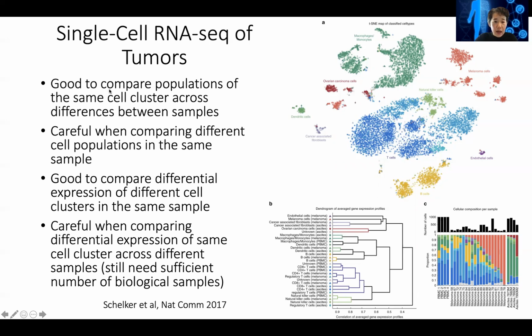First, it's okay to compare the same population across different samples. Say, if you want to ask, overall, when we look at CD8 T cells, you can ask which samples have higher CD8 T cells. But then we have to be a little bit careful when we compare different cell populations in the same sample. For example, you can't really compare the absolute level of neutrophils versus T cells, because for some reason, neutrophils are very difficult to prepare into a single cell RNA-seq reaction.